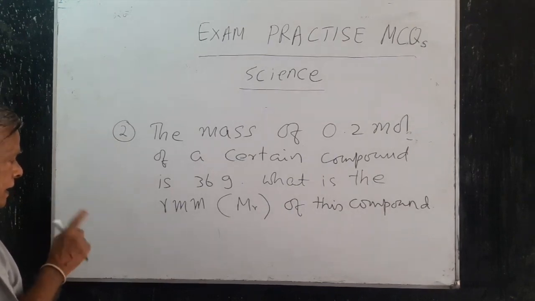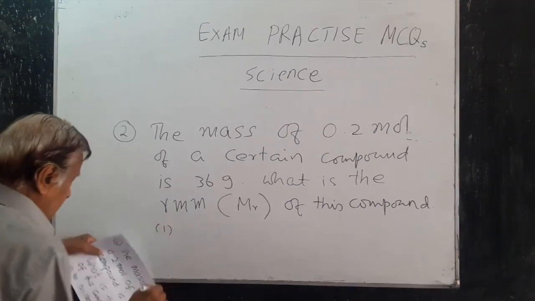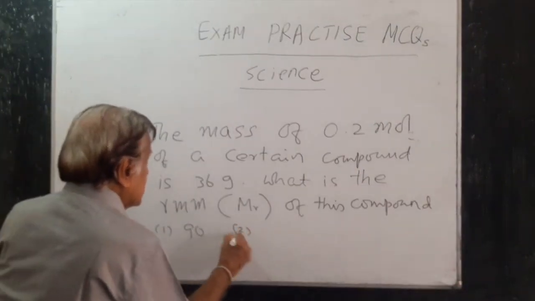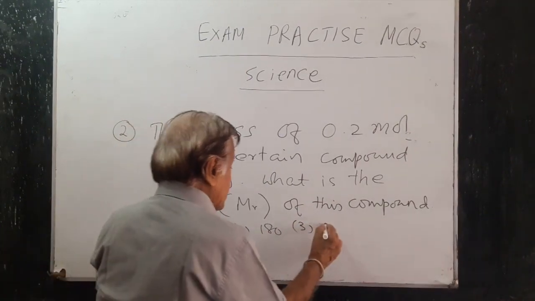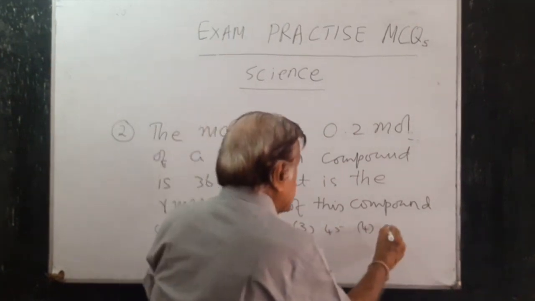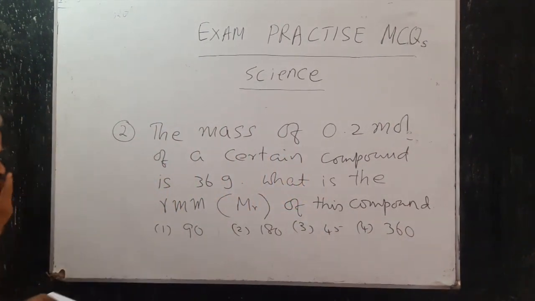What is the relative molecular mass of this compound? One answer is 90, second one 180, third one 45, and fourth one 360. Now try to select your answer.